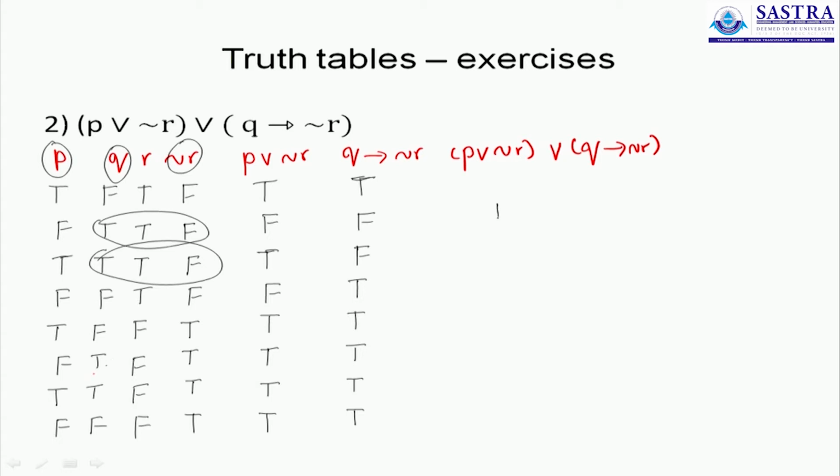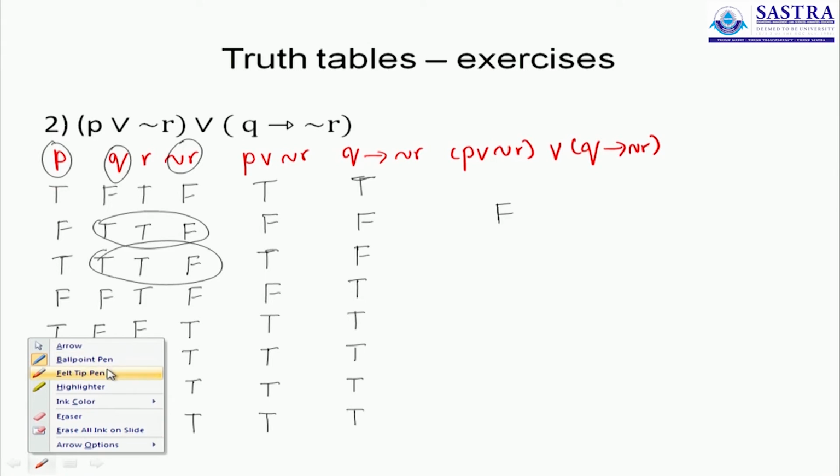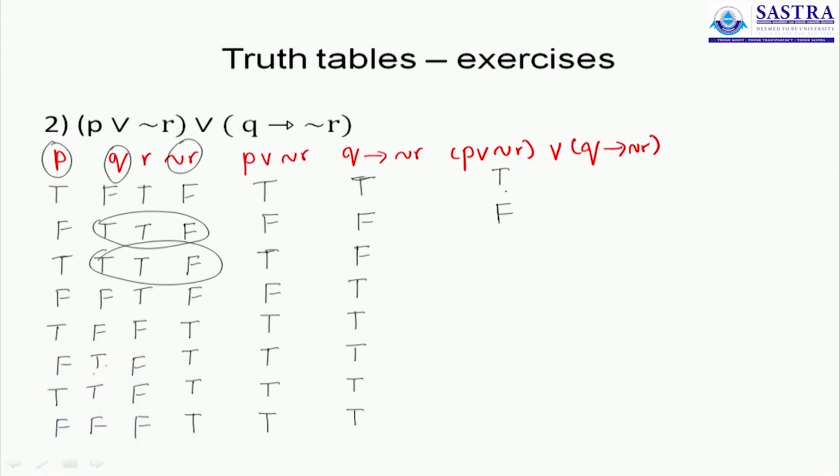Both are false only in the second row. In all other rows you have true values, and therefore it is T, F, T, T, T, T and T. That is how we construct the truth table for a formula involving 3 variables.